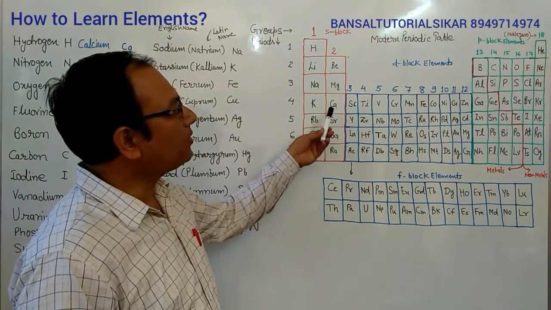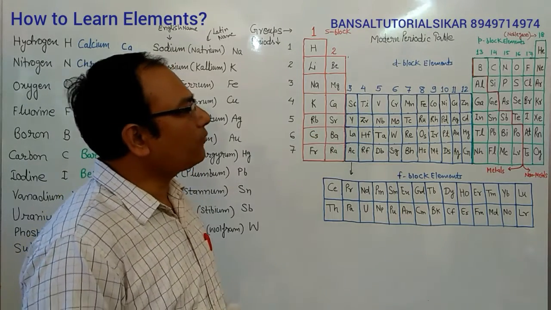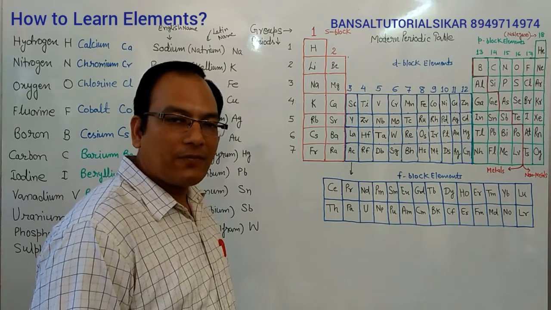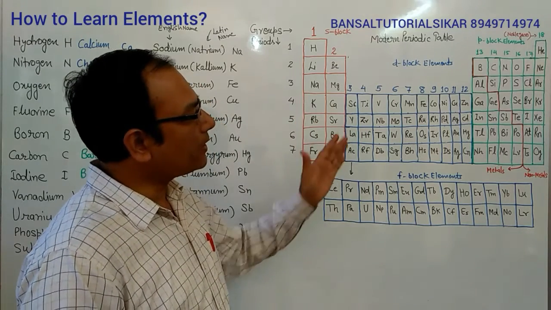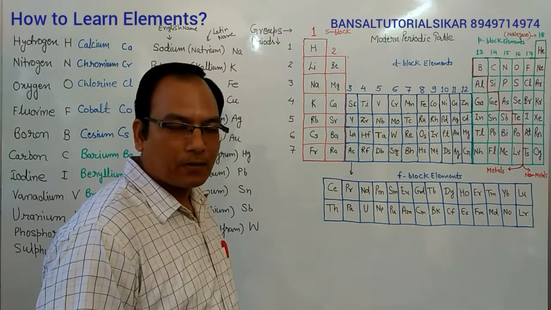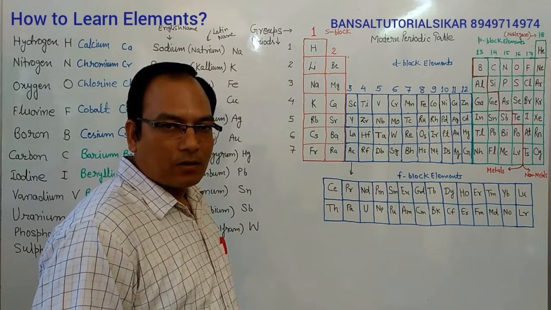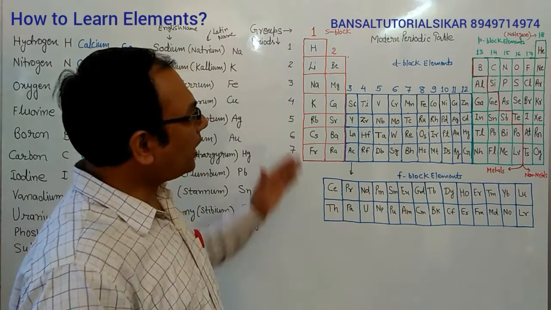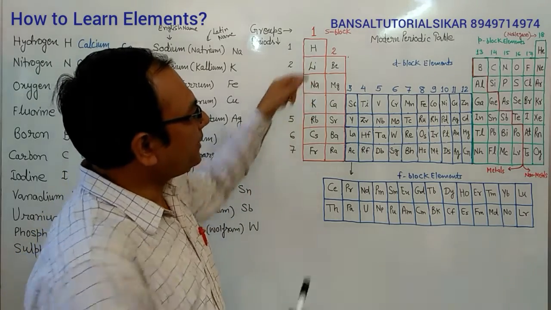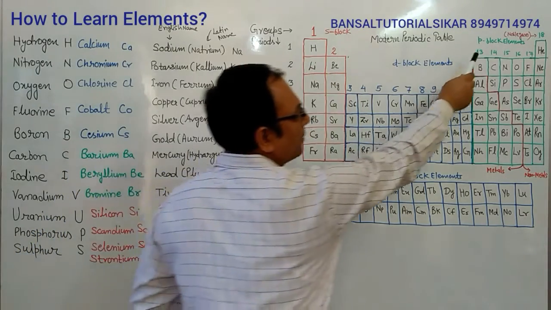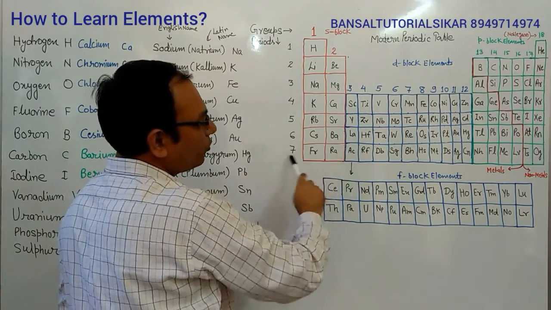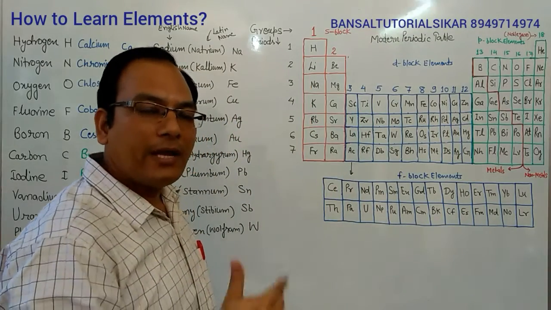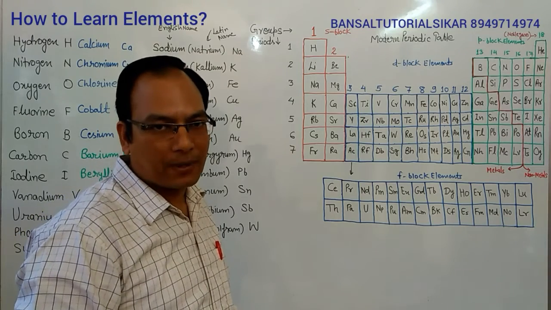Students, these are the alphabets of the language of chemistry, which are known as elements. These are 118 in number. These elements are arranged in 18 vertical columns and 7 horizontal rows in increasing order of their atomic number.